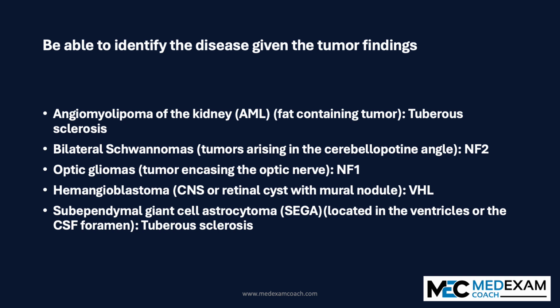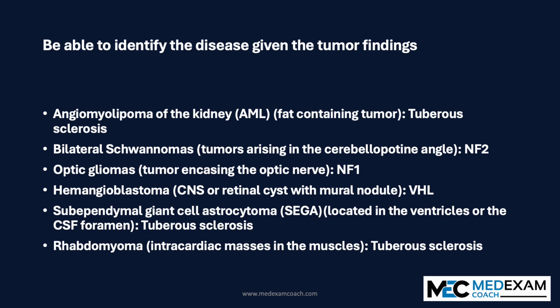Subependymal giant cell astrocytoma, also abbreviated as SEGA, is a tumor located in the ventricles or the CSF foramen, such as Luschka or Monro, highly specific for tuberous sclerosis, and it's also one of the major morbidities of tuberous sclerosis. Rhabdomyoma, intracardiac muscular masses or intraventricular masses, specific for tuberous sclerosis.